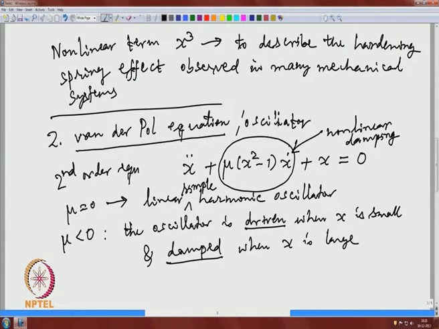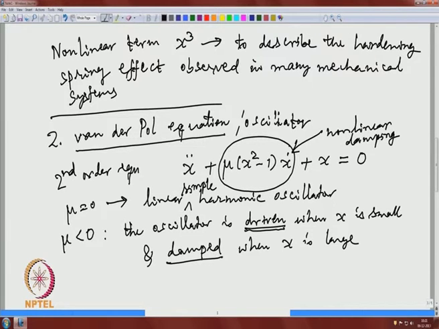So, when x is small, this x square minus 1 is negative and I have mu negative. So, this whole thing will become positive, and that will produce exponential terms with positive exponents. Okay. So, there are large oscillations, but when x square is bigger than 1, then with mu negative this also becomes negative, and that acts as damping, and the oscillations will be slowed down.